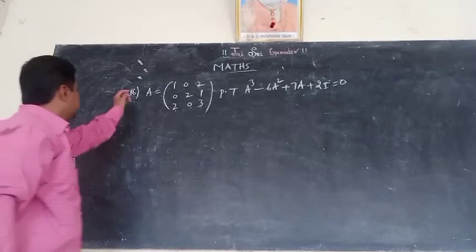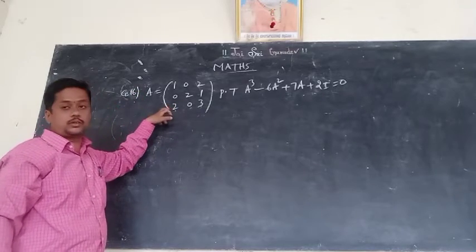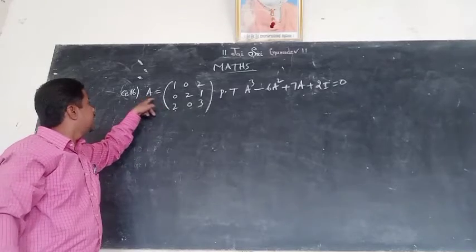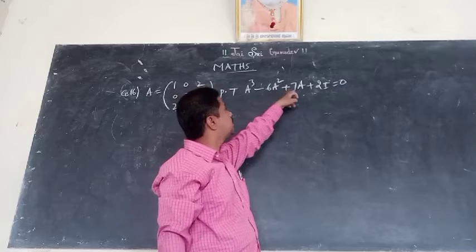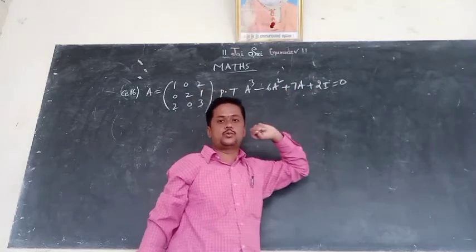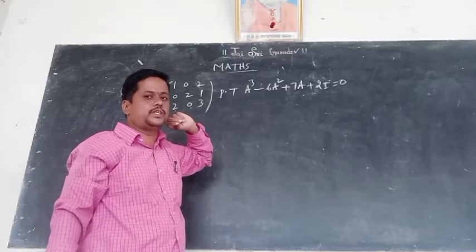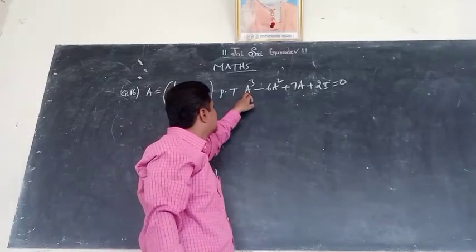See my dear students, question number 16, do it as homework. This type of problem is already done. A matrix is given, and we have to prove that A cube minus 6A square plus 7A plus 2I is equal to 0. How to do this, I will tell the procedure, and you do it as homework.